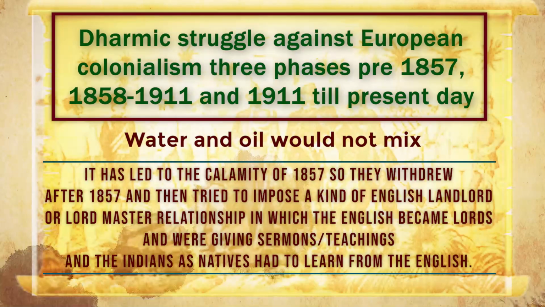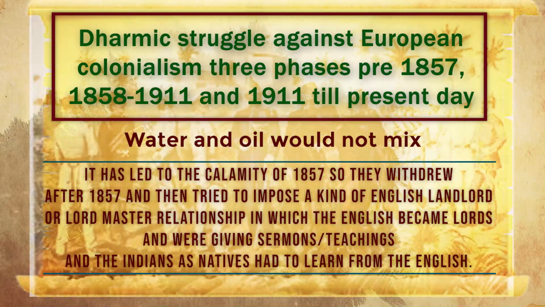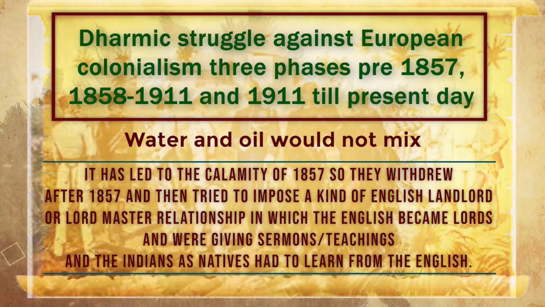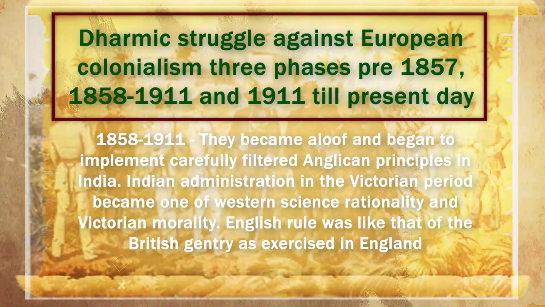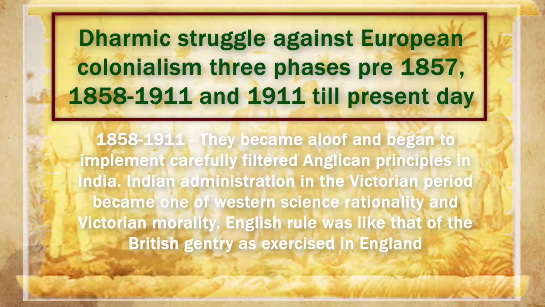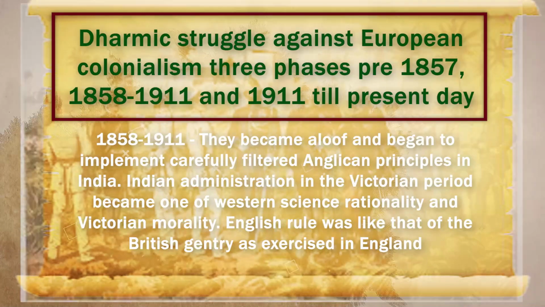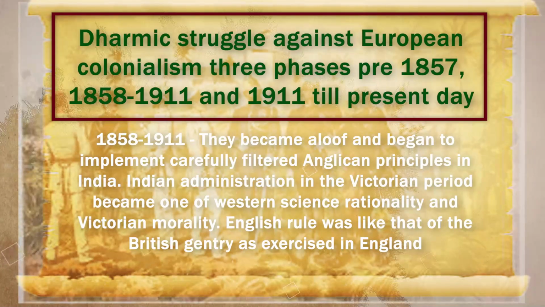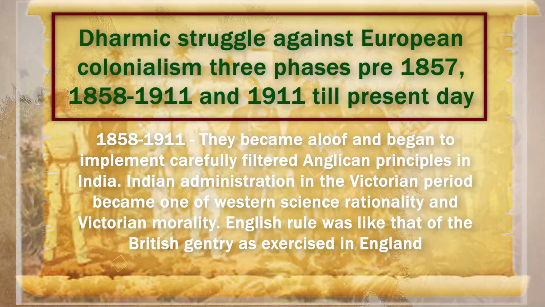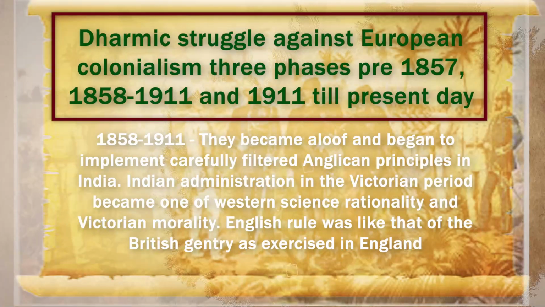So, they withdrew after 1857 and then tried to impose a kind of English landlord and lord-master relationship, in which the English became lords and were giving sermons and teachings, and the Indians as natives had to learn from the English. The English would instruct and the Indians would learn.